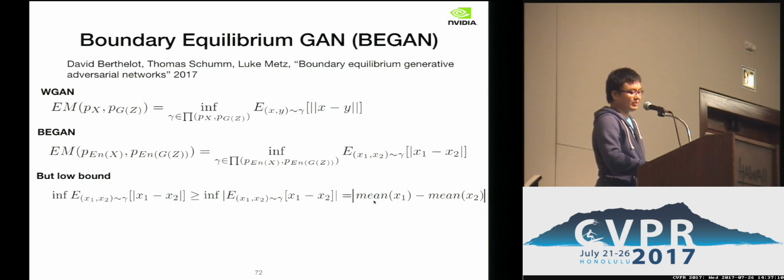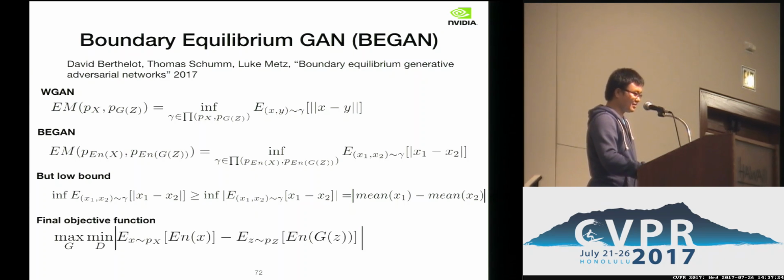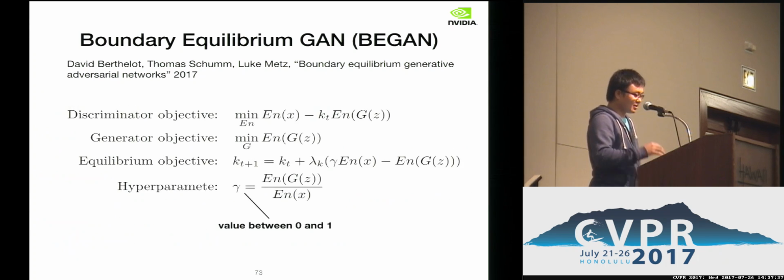When you further expand this term, you basically have the mean energy value of the true images minus the mean energy value of the synthetic images. And this is the final objective function. So the key point is it's not minimizing the image distribution, it's the energy distribution.